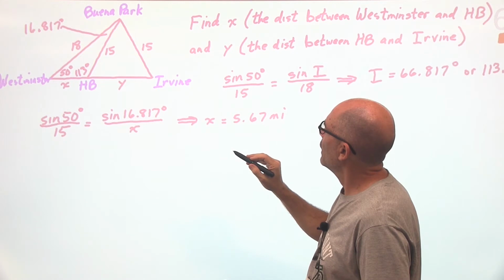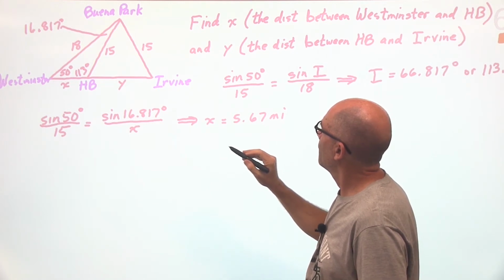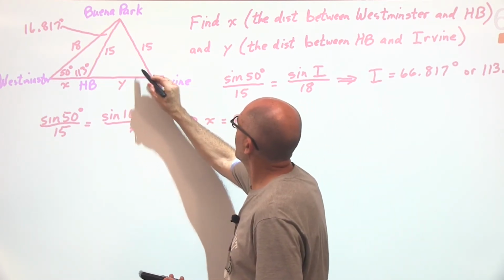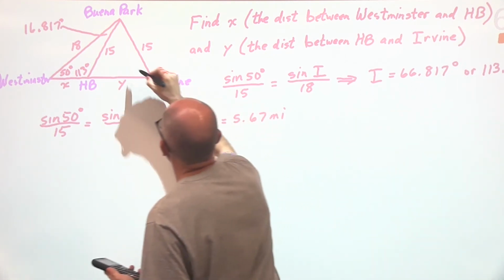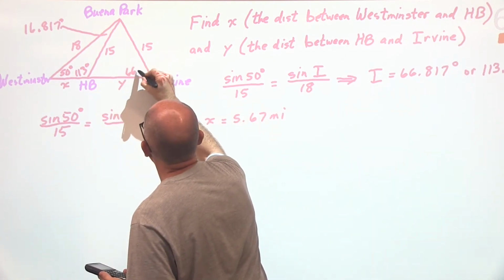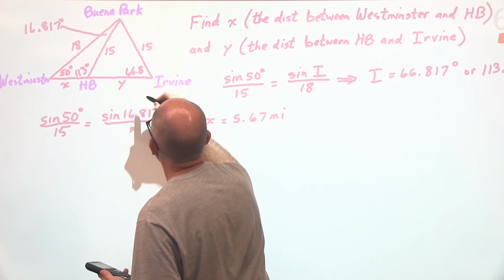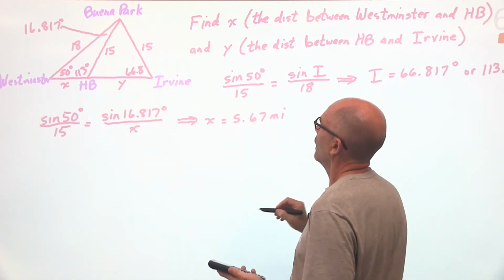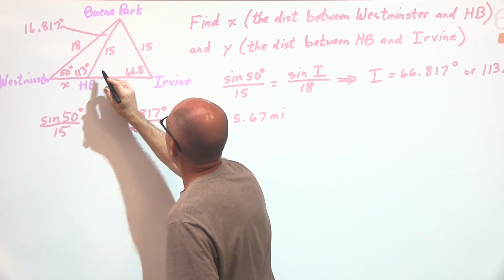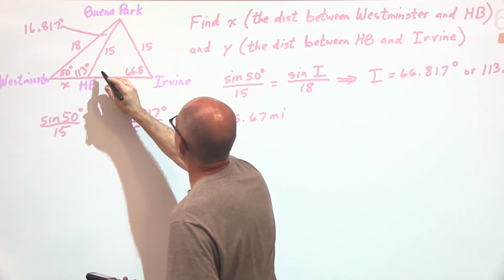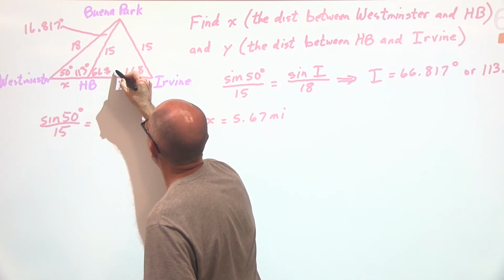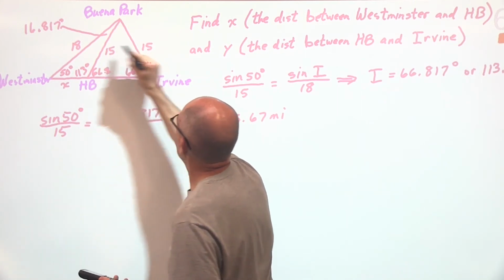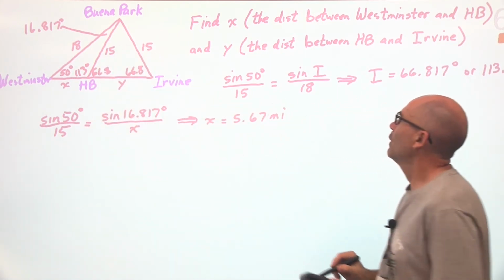All right, now, the next thing we need to do is get y, and so if we know this angle here is 66.817, and we know this angle here has to be 66.817 also, because this is an isosceles triangle.